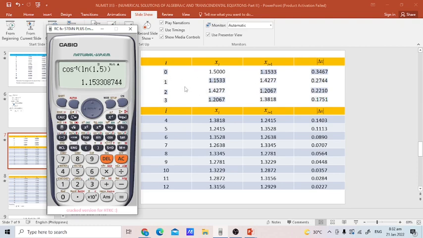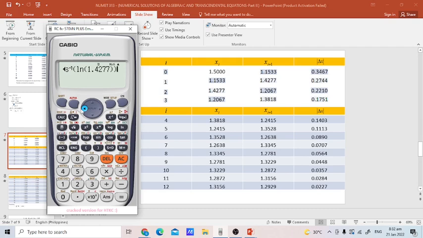Okay? So, para sa I equals 1, so 0. So, 1.1533 yung substitute natin. Bibigay ay 1.4277. Tapos, yung 1.4277 naman ang lalagay natin. 1.2067.